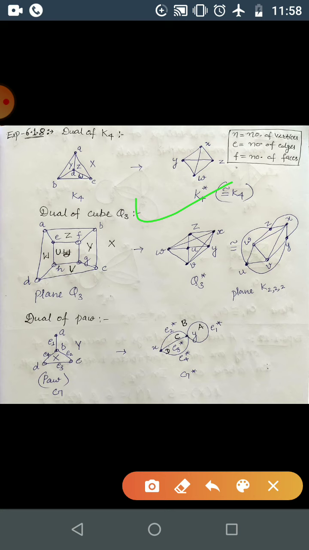So the dual of the 3 cube will be... here it is. Nothing, so I just cut it.